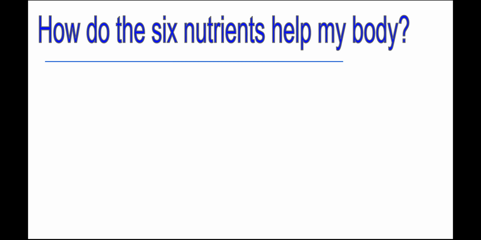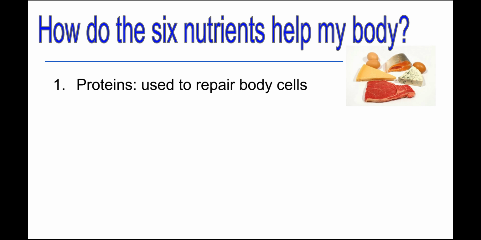How do the 6 nutrients help my body? Well, let's begin with proteins. Proteins are used to repair body cells. Examples include beef, fish, cheese, and eggs.